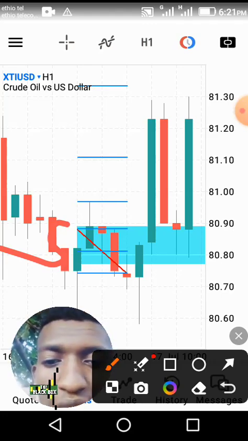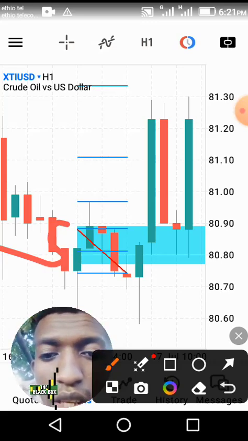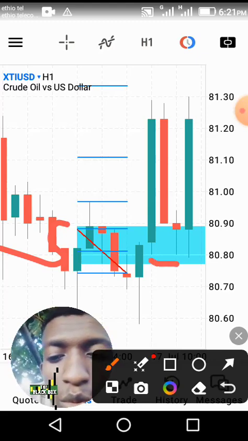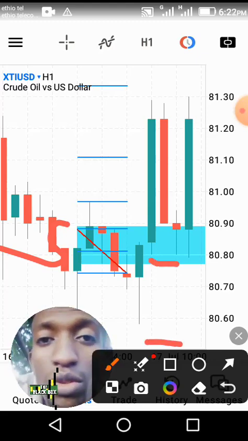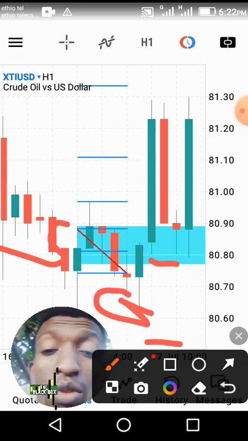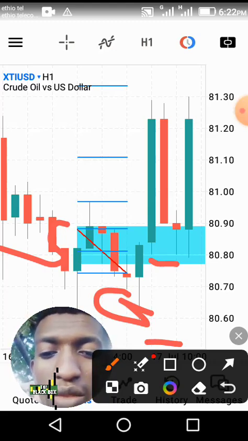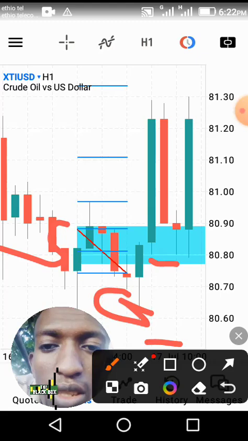And the area below the black box, if you are buying like this one, from this to your stop loss, including the 5%, is called the golden zone, or the golden area. What does that mean? It means you have less risk.